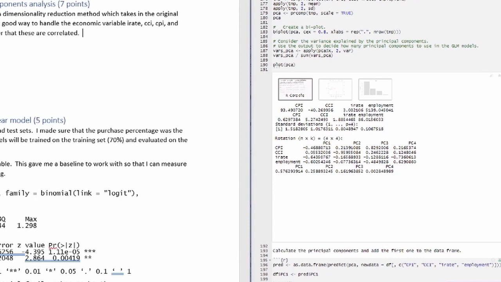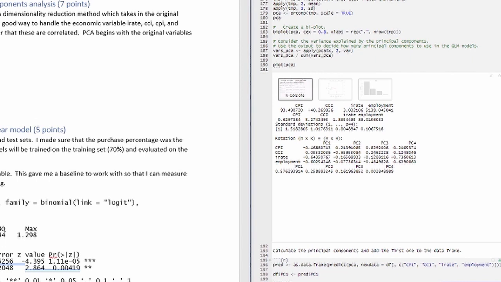And I like to just describe what the algorithm is doing. So whatever model I'm using, if I'm using a GBM or a decision tree or PCA, so PCA begins with the original variables and then applies scaling by subtracting the mean and dividing by the standard deviation.